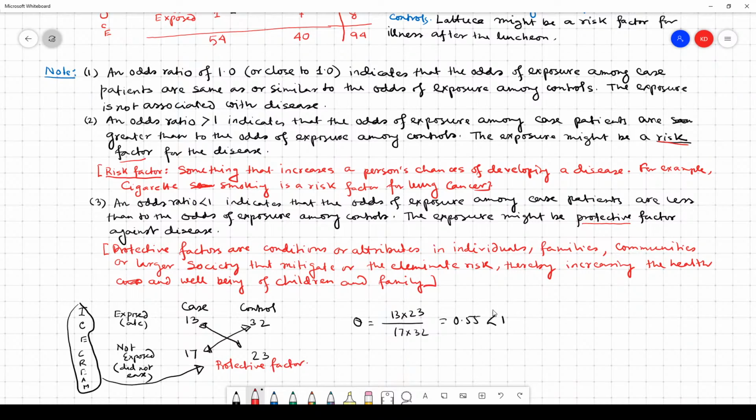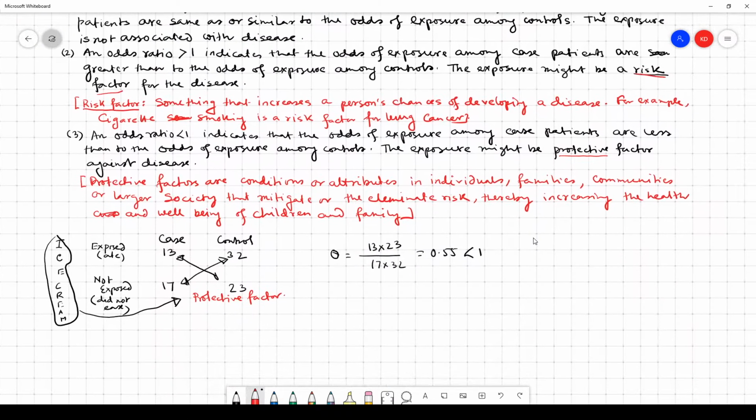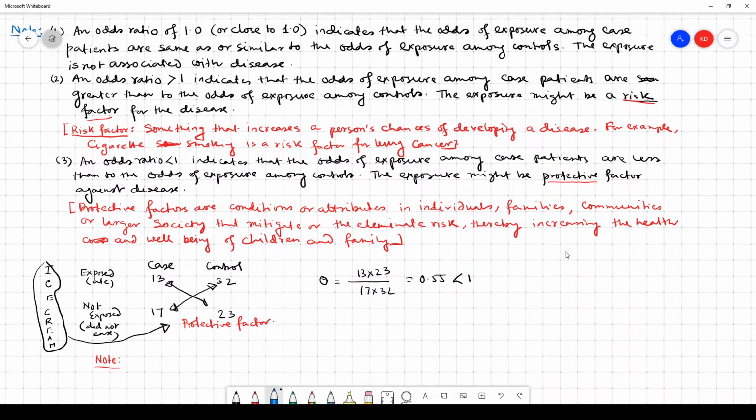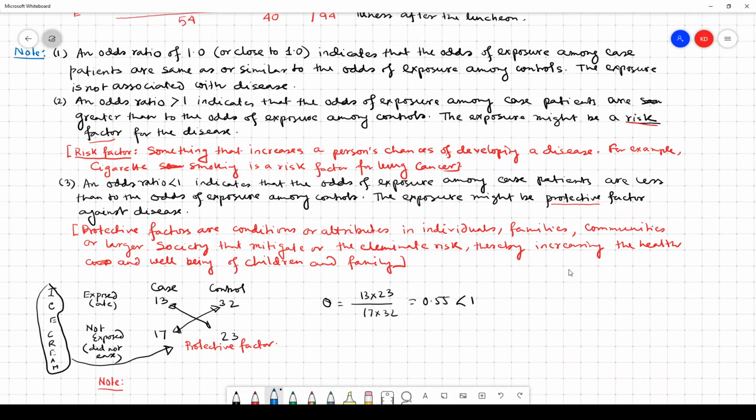Okay, so note one thing I can mention here, that is the odds ratio.